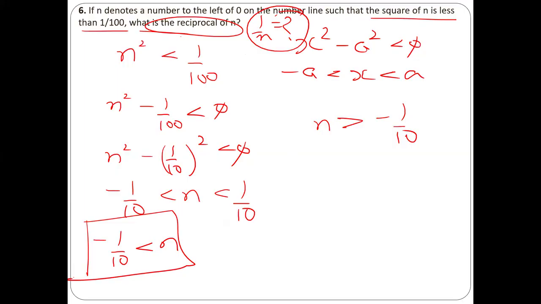I have to find out, mind you, the value of 1 by n. How do I find out the value of 1 by n given this? First multiply by -1. Okay, what am I getting with that? From this, how do I find out the value of 1 by n?